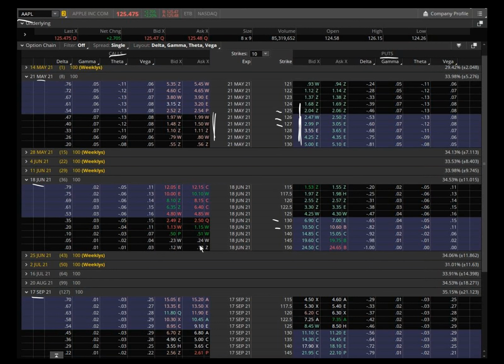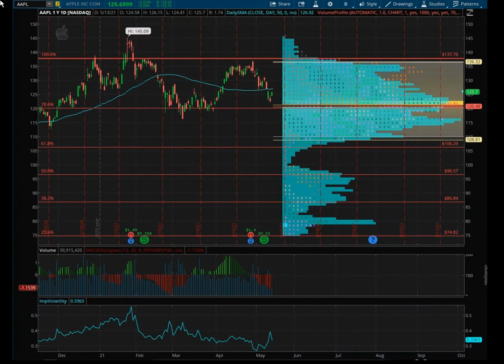So when we're looking at this, are they expensive or are they cheap? Anybody? Well, you can't exactly tell. You can kind of tell with this strategy, but I'm not going to let that cat out of the bag just yet. So normally our first step is going to be looking over here at the options charts.